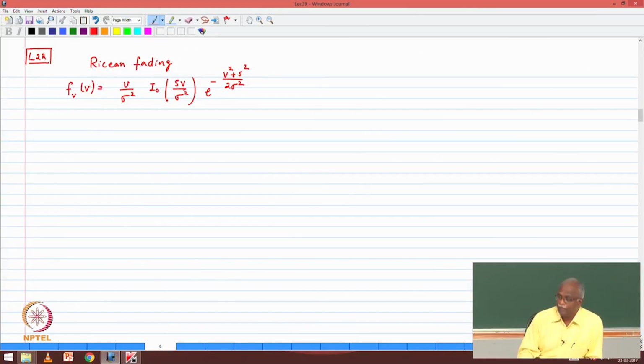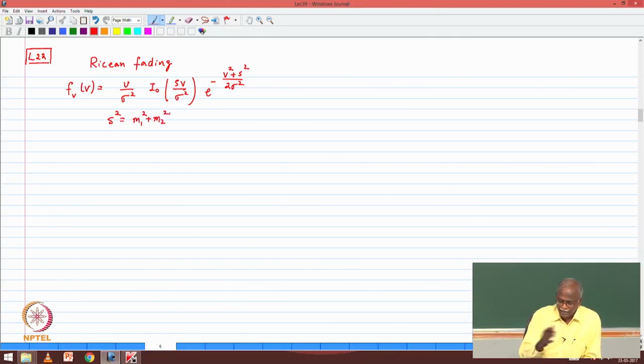The sigma relates to the non-line of sight component, what we would call the Rayleigh component, and the s relates to the line of sight component. So s squared is equal to m1 squared plus m2 squared.